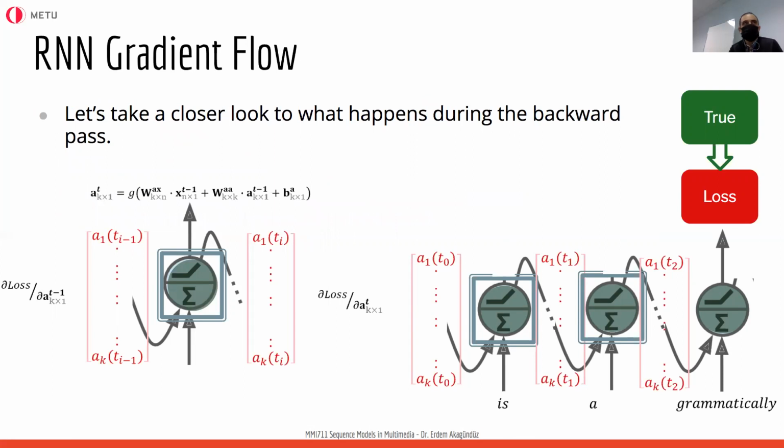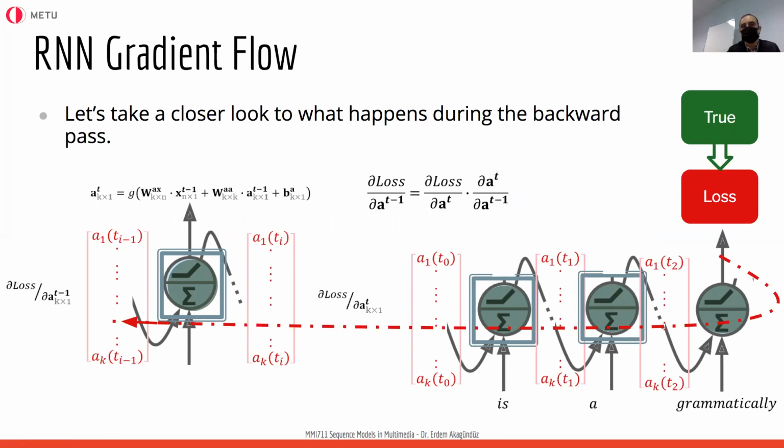Let's take a closer look at what happens during the backward pass. Okay, in the backward pass, if there's a single loss, you just backpropagate the loss one by one. And this guy is updated continuously. Well, what happens when we update it continuously, guys? We use this derivation rule.